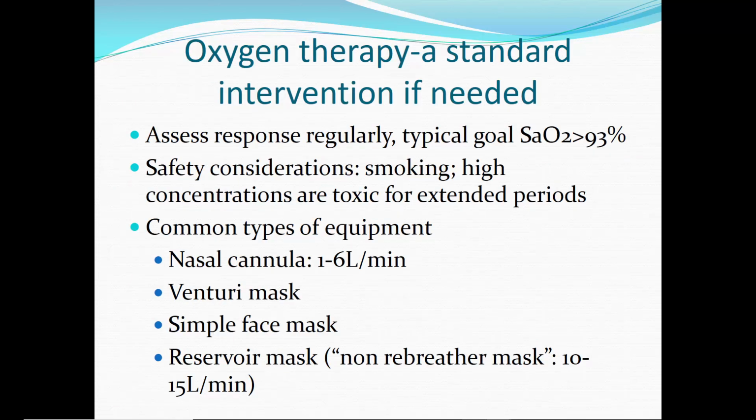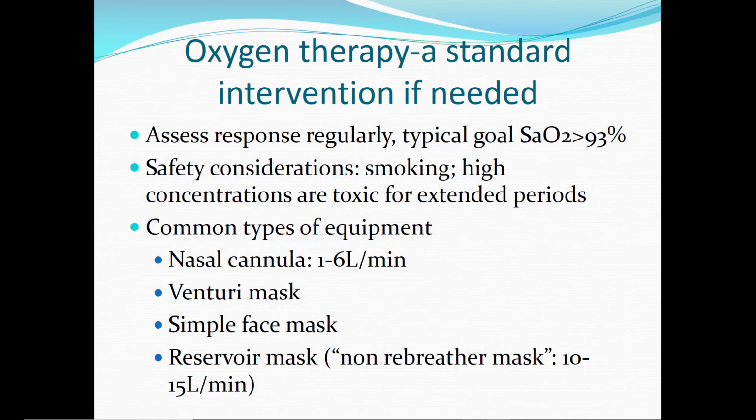So keep in mind that room air is 21% of FiO2, which is fractionated oxygen. And with each liter of oxygen, you add to the percentage of fractionated oxygen breathed in. So the amount of oxygen needed is unique for each client depending on their unique situation. But too much is a bad thing. It can cause alveolar leaking and respiratory failure, so the key point here is to only use as much O2 as you need to keep the O2 saturation in parameters.